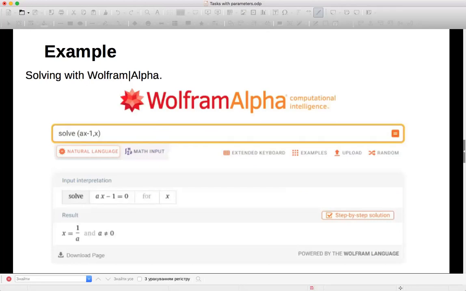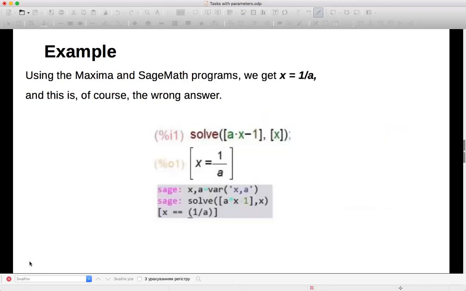On this slide, you can see a screenshot of the Wolfram Alpha with the solution of the represented equation. Using the Maxima and SageMath programs, we get the next solution, and this is the wrong answer. Corresponding screenshots you can see below.